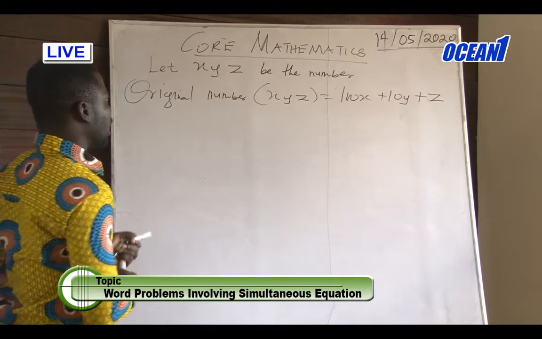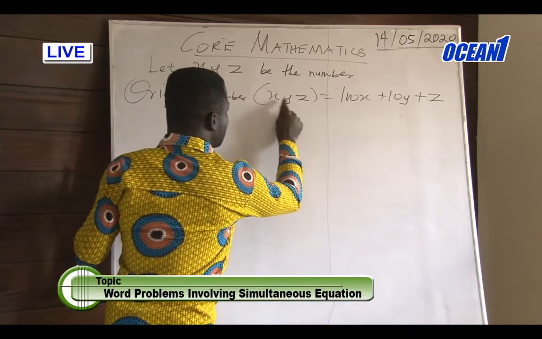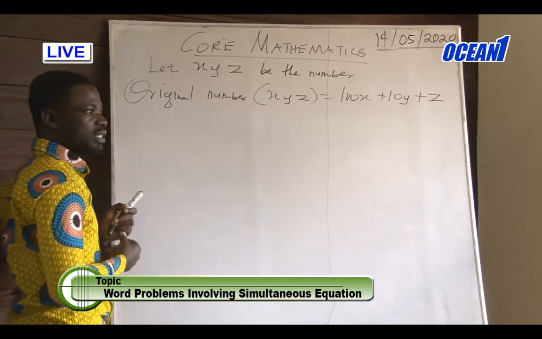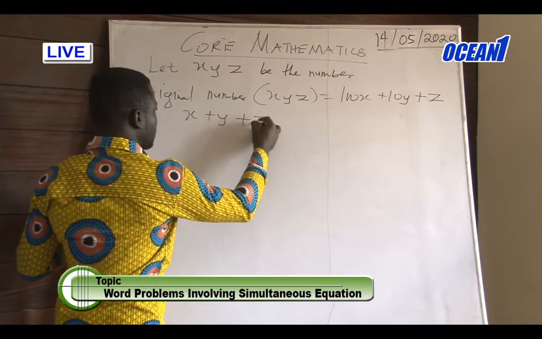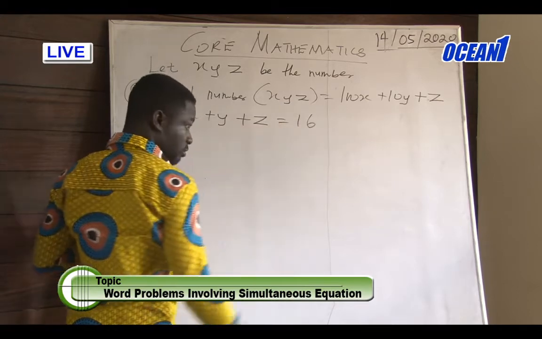Now, if you sum the digits x, y, and z, the question is saying 16. So I have x plus y plus z equals 16.